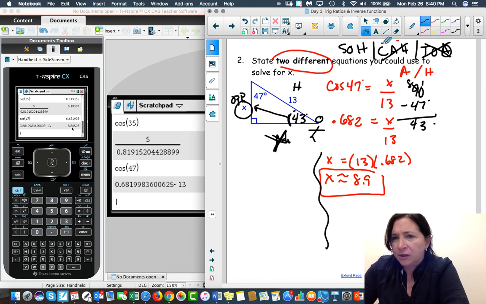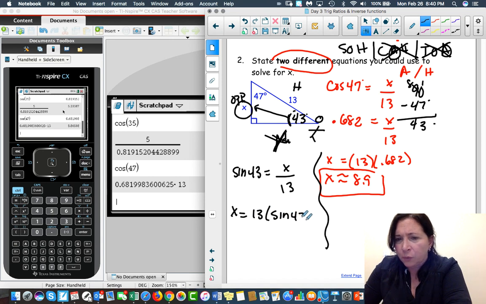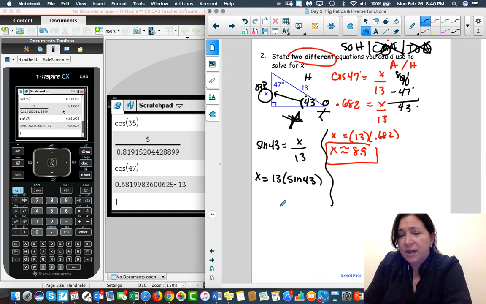And I'm not going to use cosine because that also uses the adjacent side. So I have to use sine. So I'm going to go sine of 43 is equal to the opposite side, x, over 13. And I'm going to cross multiply. X is equal to 13 times whatever sine of 43 is. And I want to find out what that is.